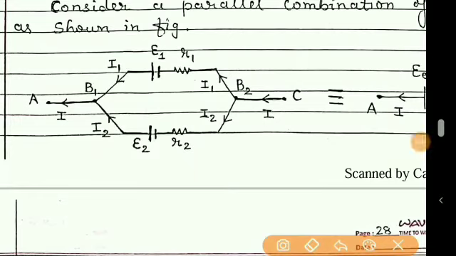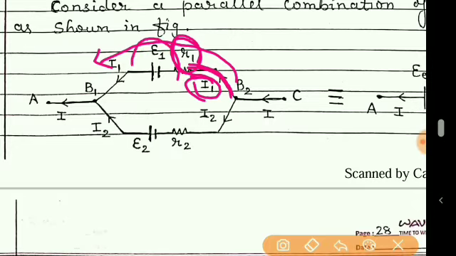So now considering this path, in the direction of current I1, there is a resistor R1. So in the direction of current I1, I1 R1 will be negative, and moving from here to here, the terminal goes from negative to positive. So epsilon 1 is positive.